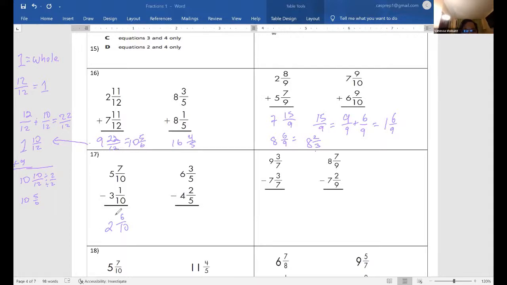No, you can do something with the 6 over 10. So what could we do with it? Divide by 2. Okay, you're trying to divide.